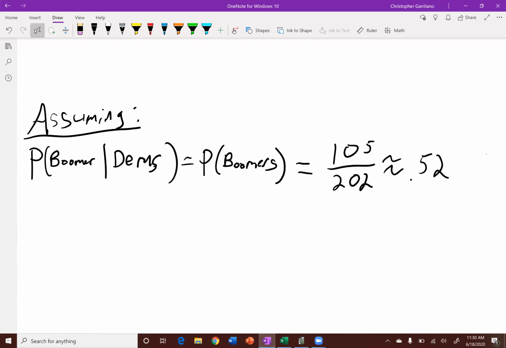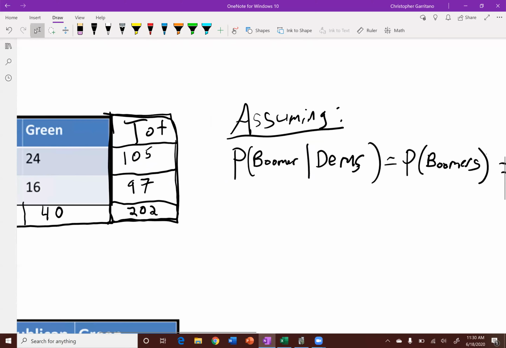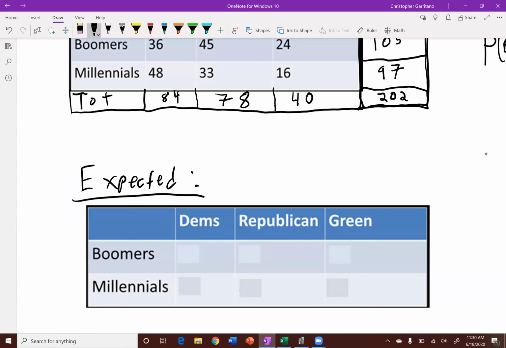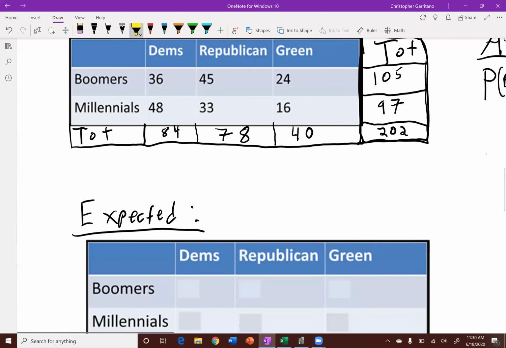So now I'm going to take that number, that 52%, and the total number of Democrats, which was 84, and I'm going to multiply it by 52%, right?